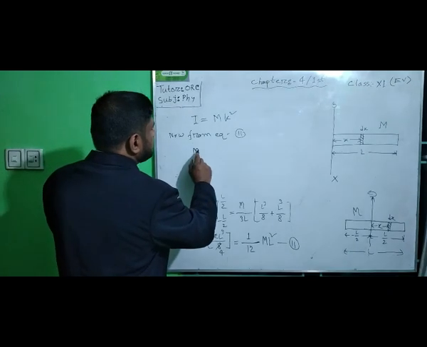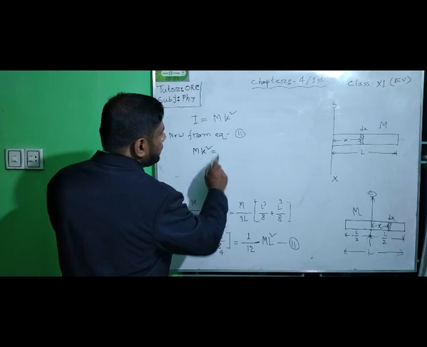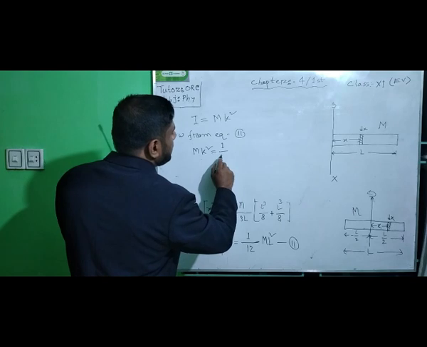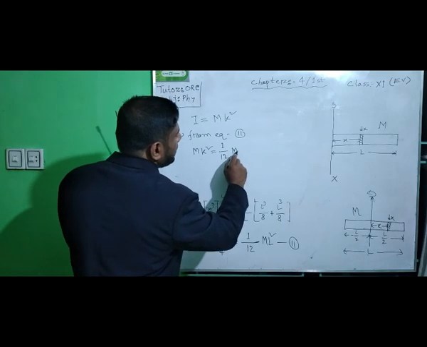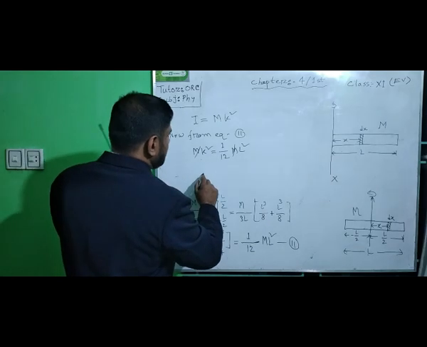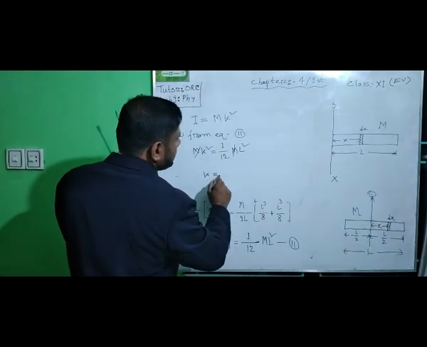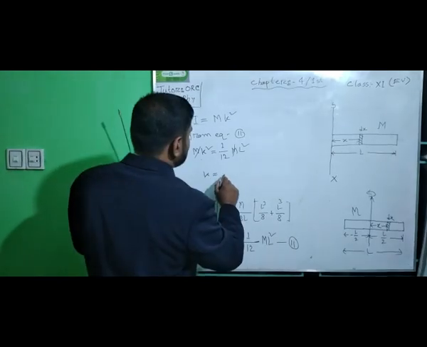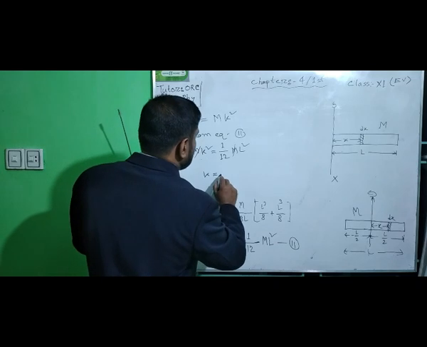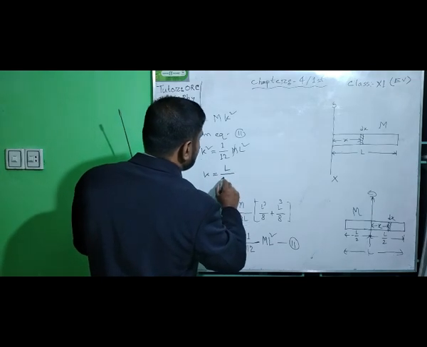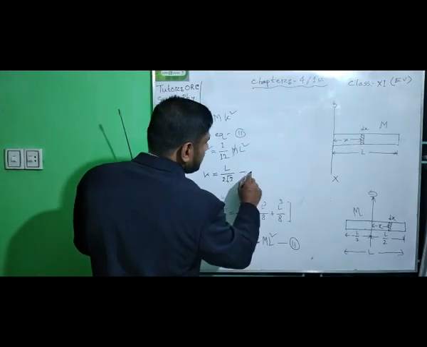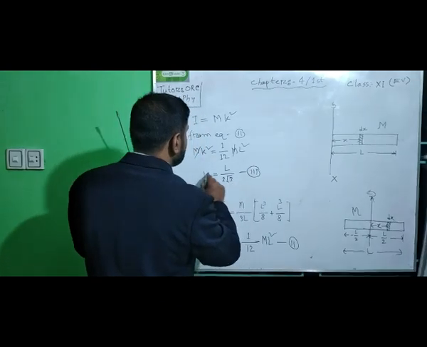M k square equal to 1 by 12 m L square, 1 divided by 12 m L square. M cancels here, so the value of k will be L by 2 root 3. So it is the equation of radius of gyration.